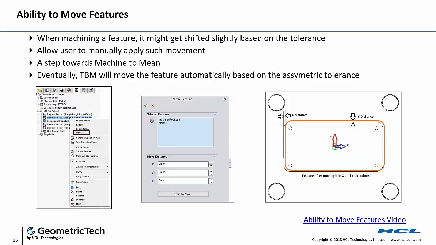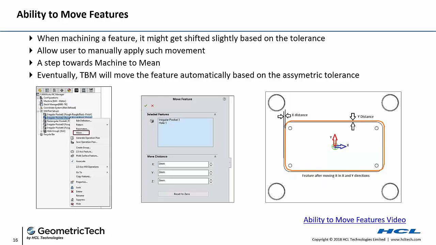And so we want to adjust the position of that pocket, and we want to do that independently. Designers are often adamant about not wanting anyone making changes to their model, not wanting manufacturing making changes to their model.